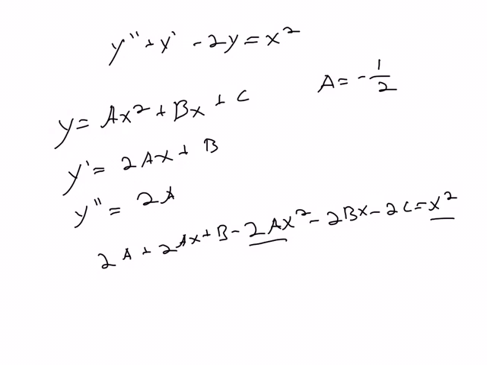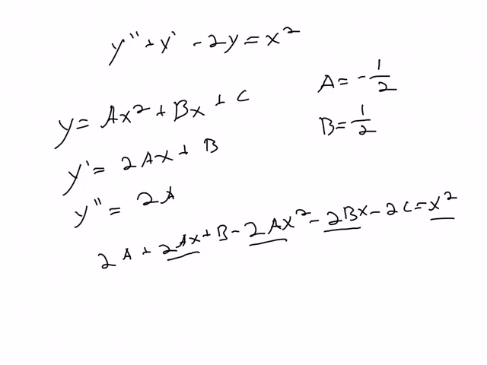Well, now if a is equal to negative a half, then let's try to get this and this to cancel. Well, that would mean that b is going to equal a half, right? Yeah.